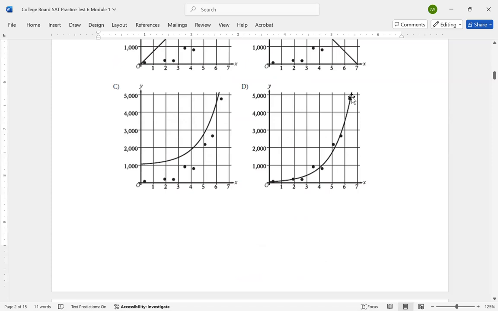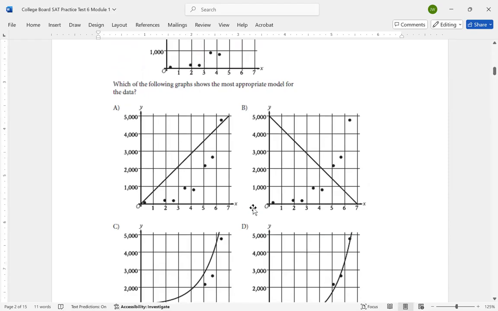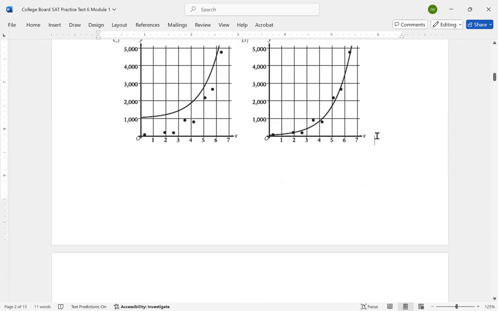The one that fits the points best is D. C obviously is off these points by a far amount, where D is off the points by a much lower amount. So option D would be the best choice there. So D would be the answer to question number 2.